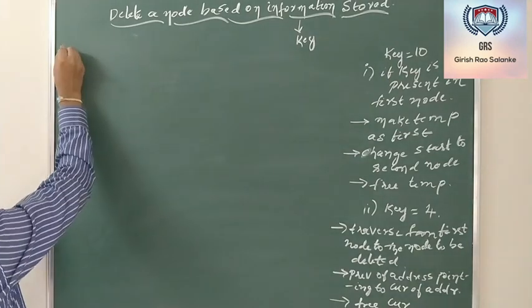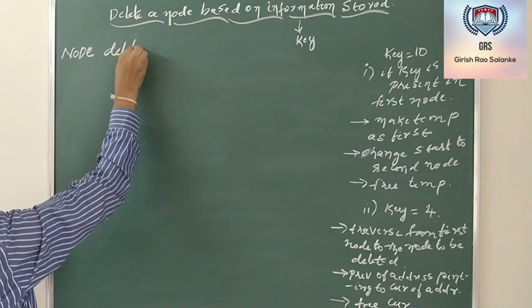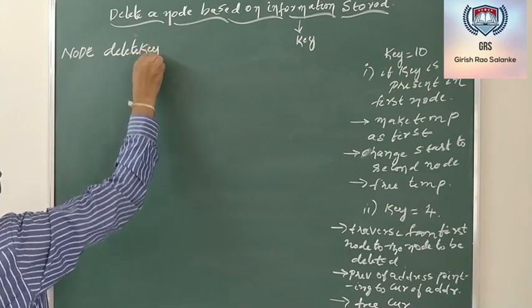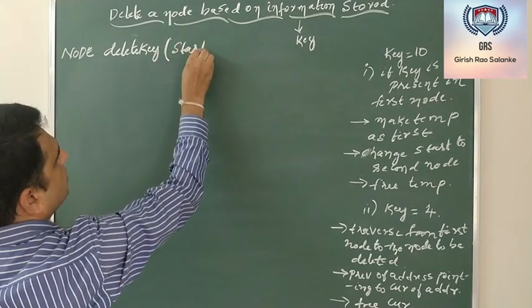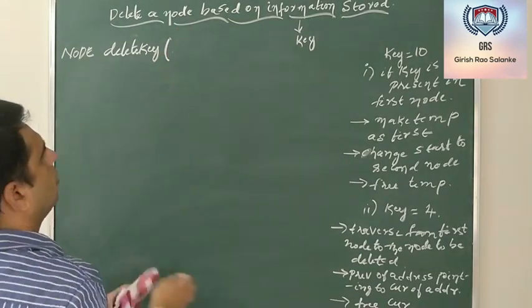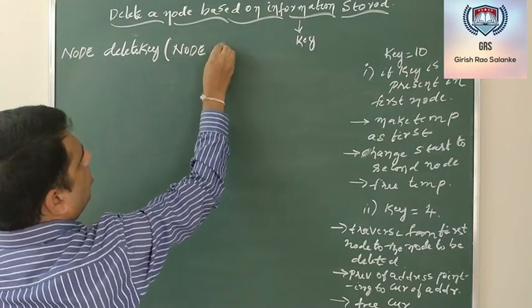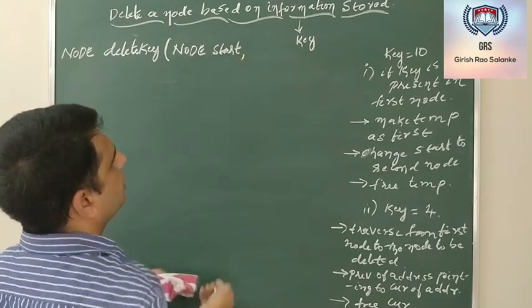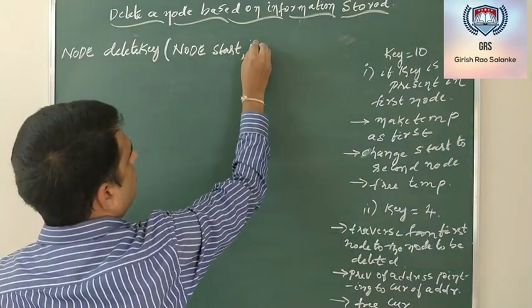Let me call the function delete key. The function name is delete key. The argument to the function is the reference of my list, node start. And the second argument is the information that is being provided to me, that is nothing but my key.